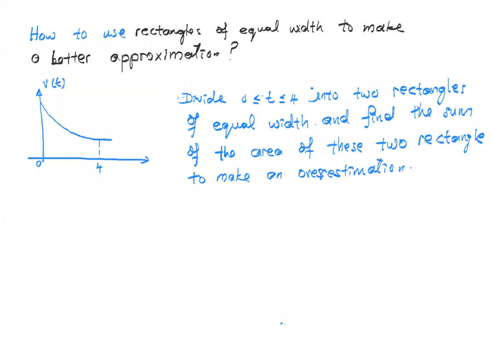Okay. So look, I have the interval. Very important. And I say equal width. Why must I mention equal width? So now, can I find the width of the rectangle now? Okay, you tell me how to find the width of the rectangle.